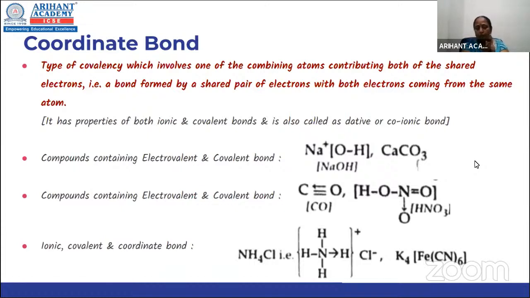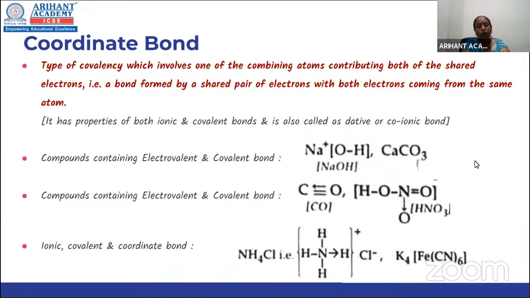And between metal and non-metal, Na plus and OH minus, we have the ionic bond. So we have ionic or electrovalent and covalent bond over here. Similarly, CaCO3: calcium is a metal, carbonate is a radical of non-metals. So there is an ionic bond there, and among C and O3, there will be covalent bonds. So it's a combination of electrovalent and covalent.